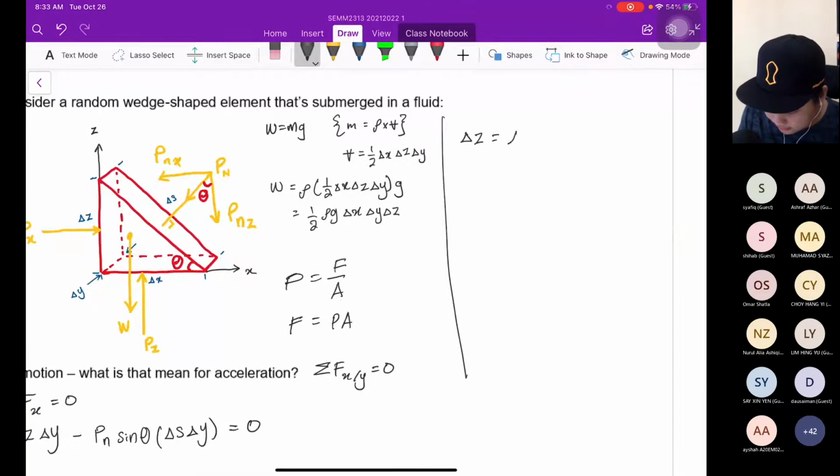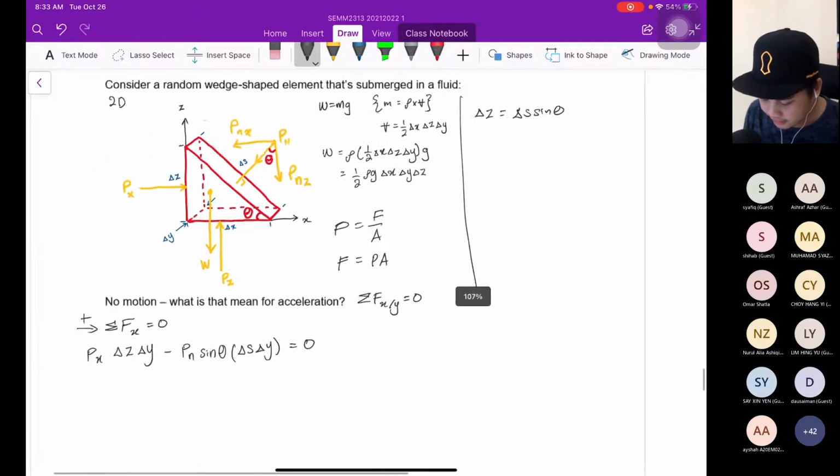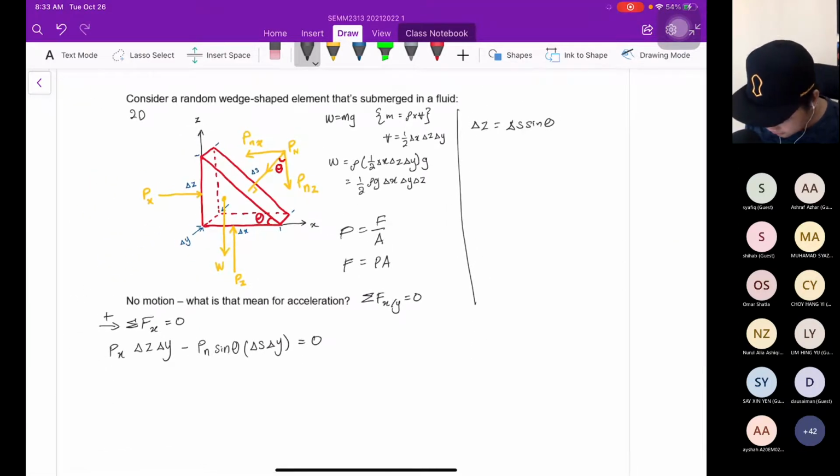Delta S sine theta, right? So from here, can I substitute into equation 1? From this equation 2, I want to substitute into equation 1.